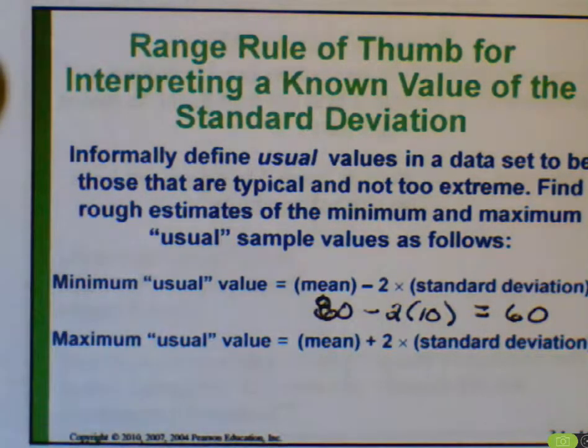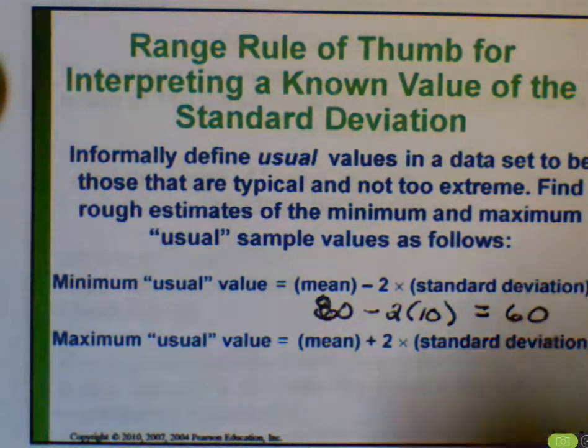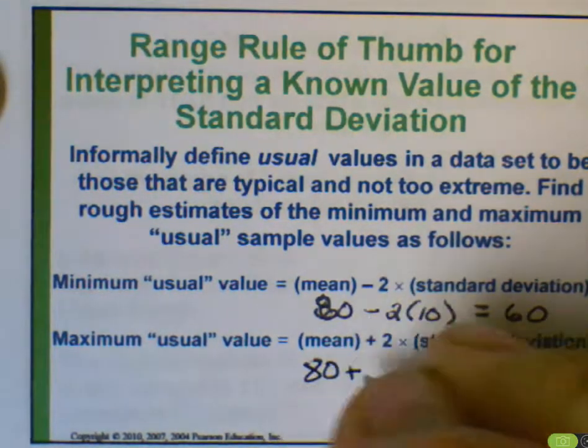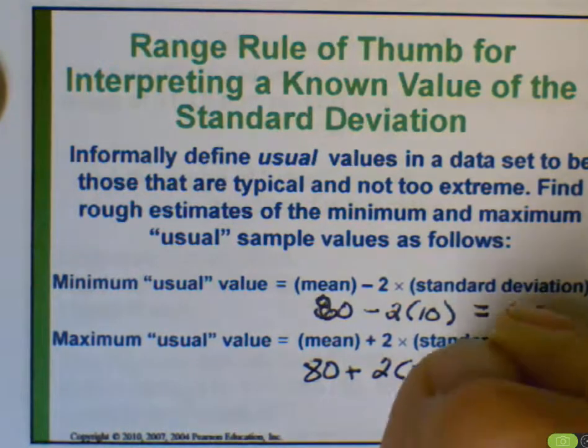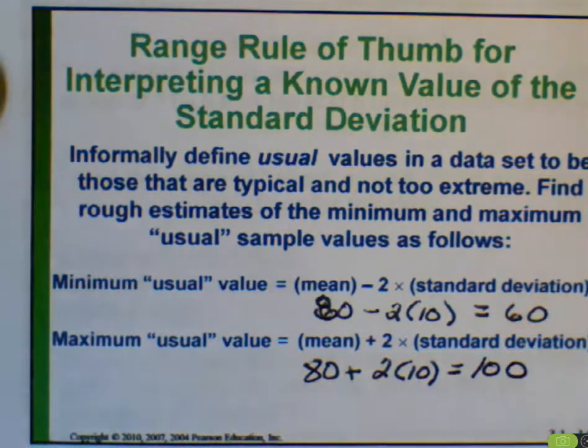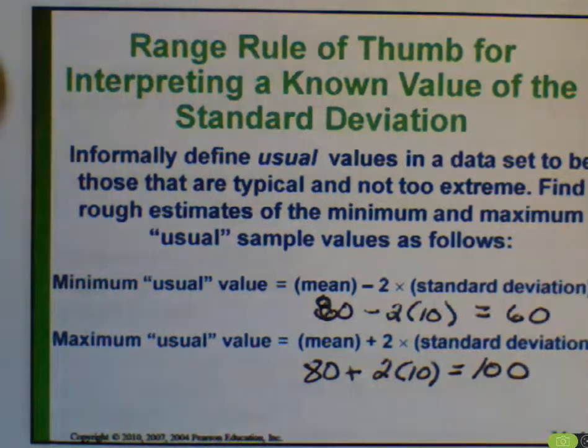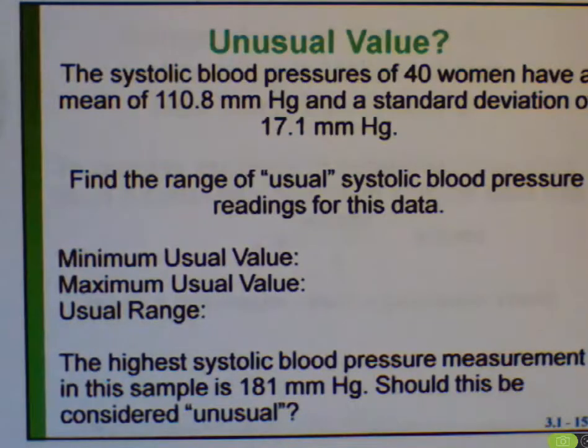And then find the maximum usual value by adding two standard deviations to the mean. And that's where we came up with the 100. Any scores between 60 and 100 are usual. Any scores less than 60 or greater than 100 would be unusual.